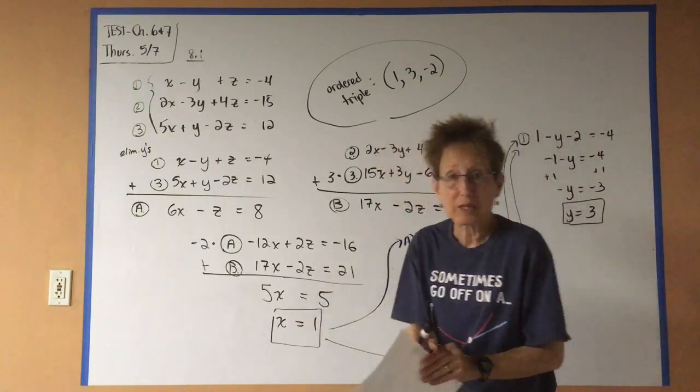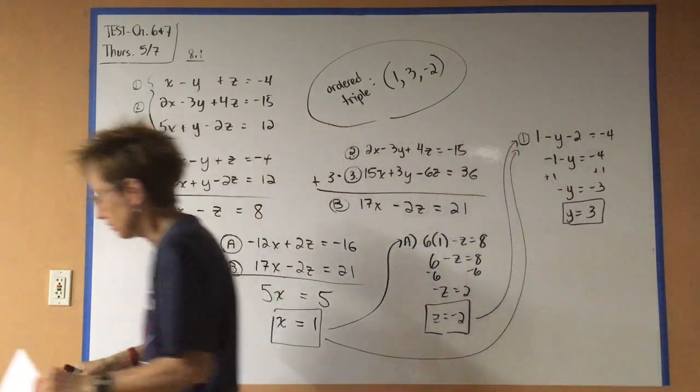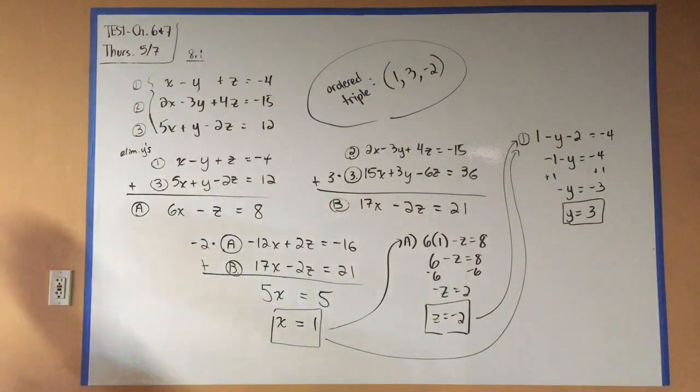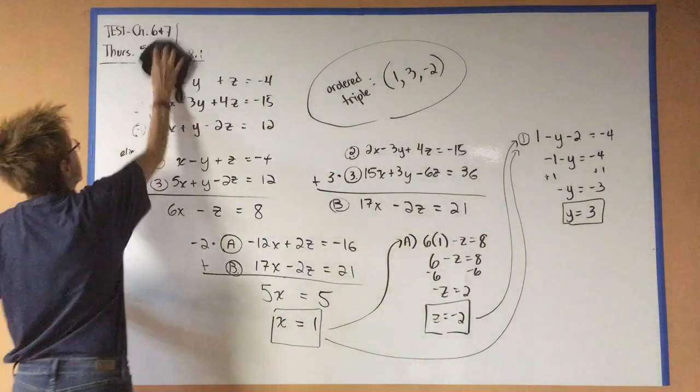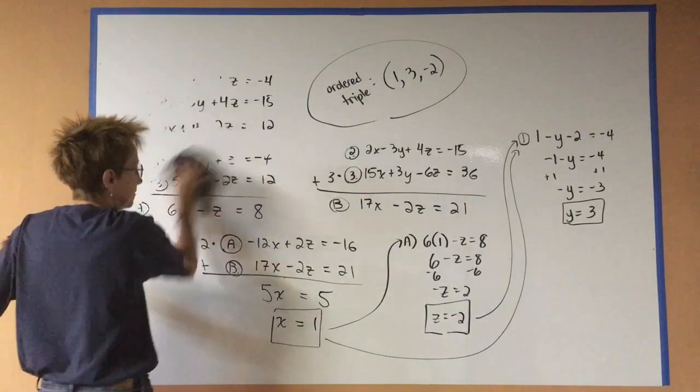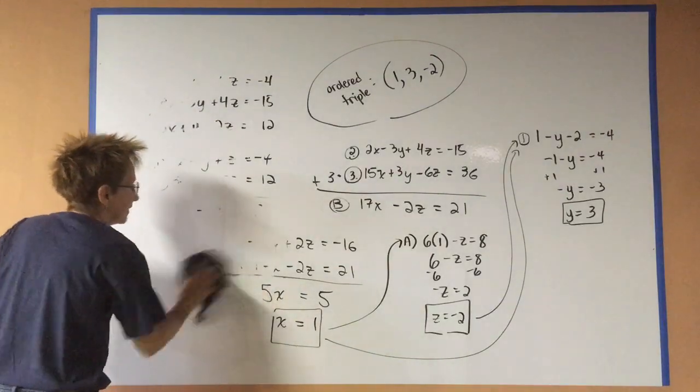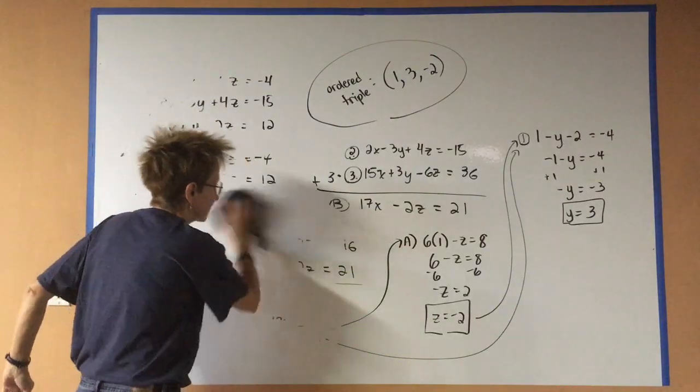So what do those special cases look like? So let's go take a look at number 2. Let's see if I can manage not to think that 17 minus 12 is 9.